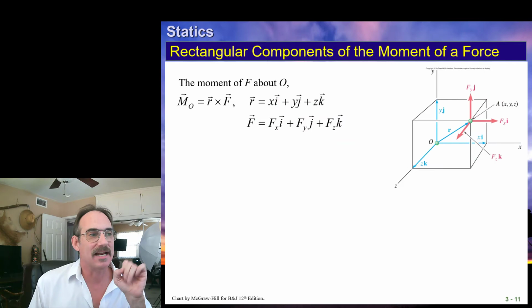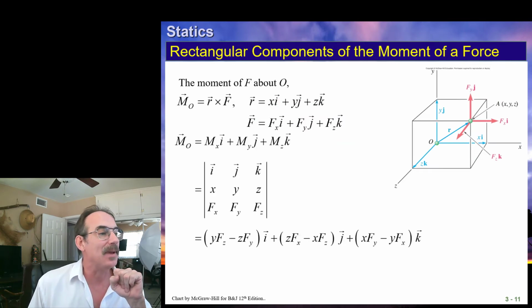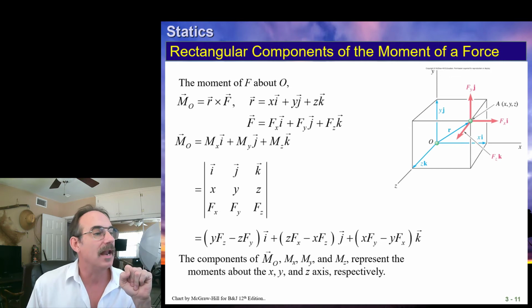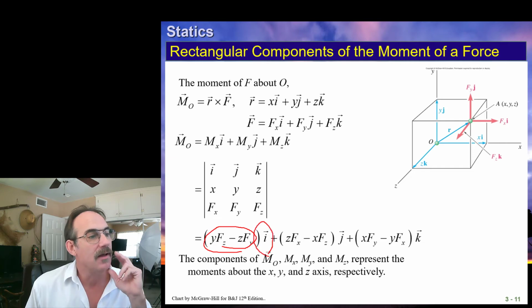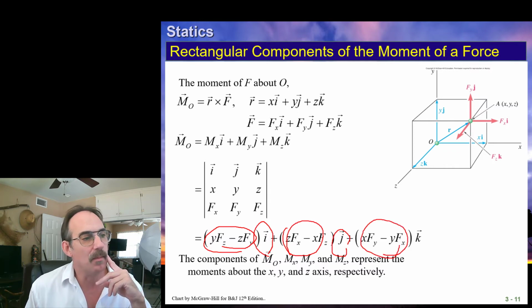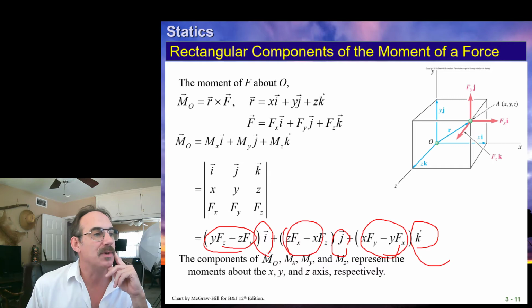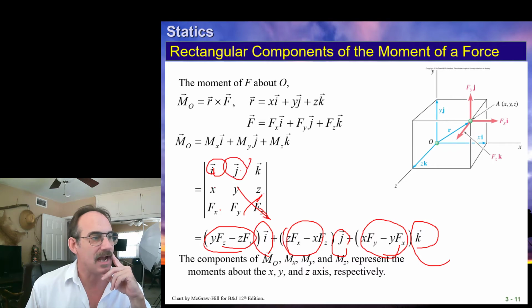Let's see what else we have on the slide. It's just going to repeat what I said. You'll notice this first term tells us what moment we have about I, this tells us the moment about J, and this tells us the moment about K. We do this times this minus this times this, and that's a minus.